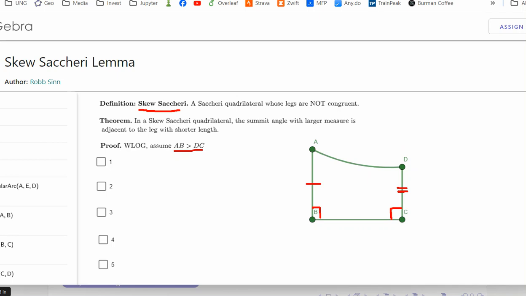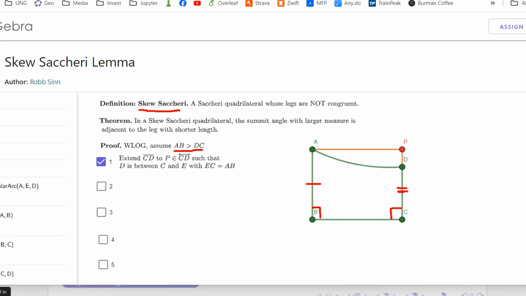Now notice that we're going to extend the segment DC to the point P. We're very specifically choosing the point P, and this says E instead of P, but that should be a P, so that PC is equal to BA.